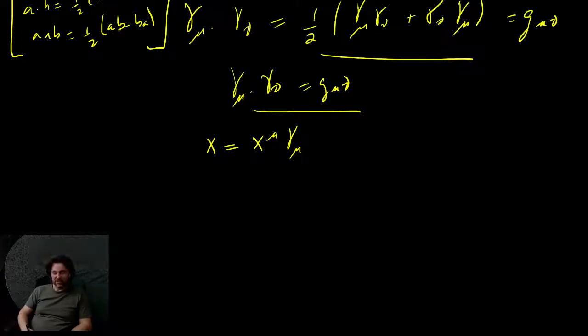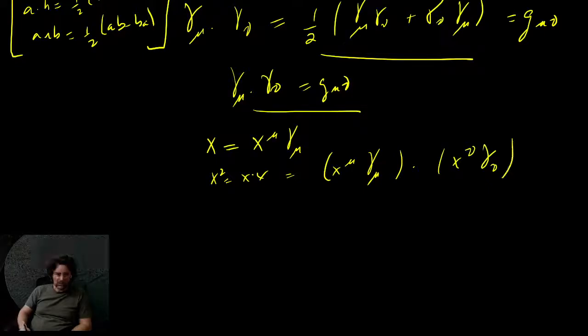If we take the length of this, then x squared, x dot x, is x mu gamma mu dot x nu gamma nu, which is x mu x nu gamma mu dot gamma nu, so x mu x nu g mu nu.